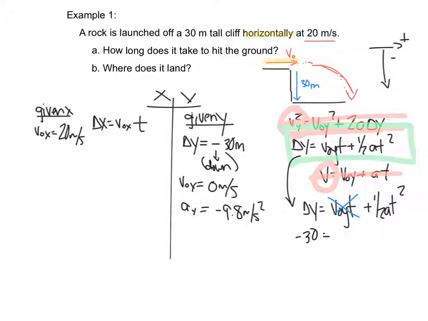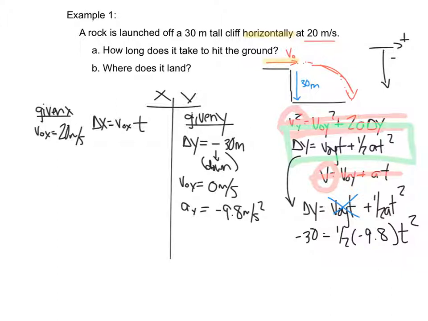Negative 30 equals 1/2 times negative 9.8 times t squared. Now notice how, because we have 2 negatives, the negative on the left and the negative on the right, those two will end up canceling each other out, which is really nice because it'll give us a positive time. Obviously, positive time is what we are going for in a problem where you can't go backwards in time.